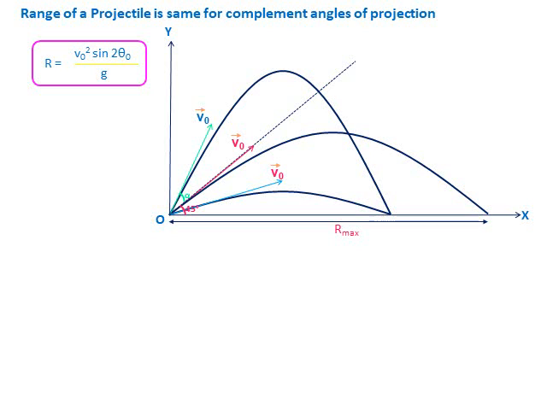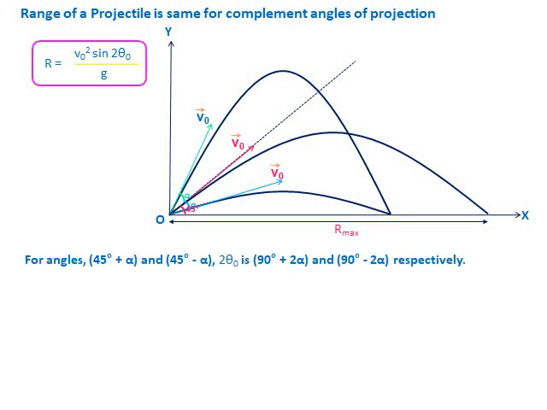But if the angle is 45 degrees, and the initial velocity is V naught, the maximum range is covered. The maximum range covered by these is the same, but the maximum height is different.